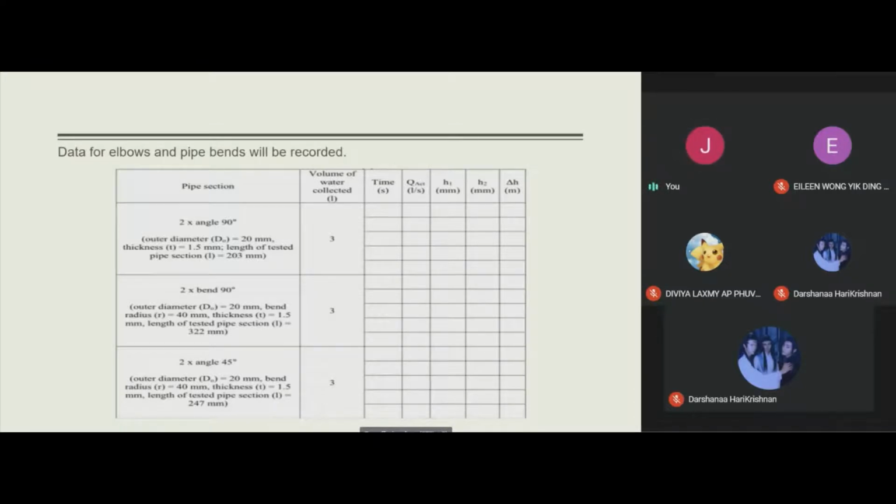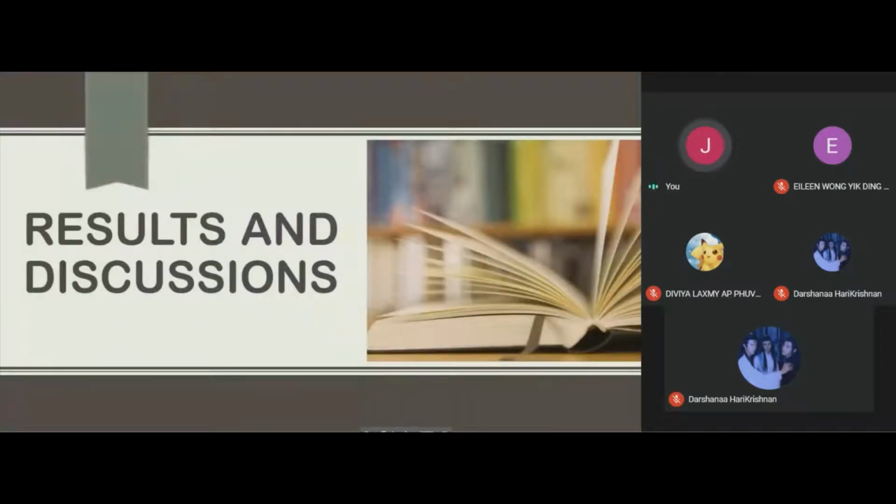Here also, the data that we need to find is the same as the other two tables, which is the time taken, Q actual, H1, and H2. Next, I will pass to EILEEN for the results and discussion.